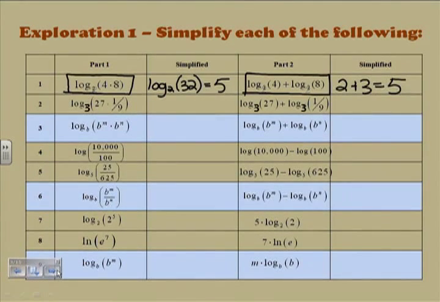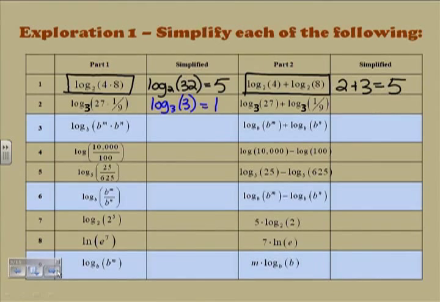Okay, mildly interesting. Okay, log base 3 of 27 times 1/9. Order of operations tells you do what is inside the parentheses first. So that's what? Log base 3 of 3. And then 3 raised to what power gives you 3? And that would be a 1. Okay, then over here.